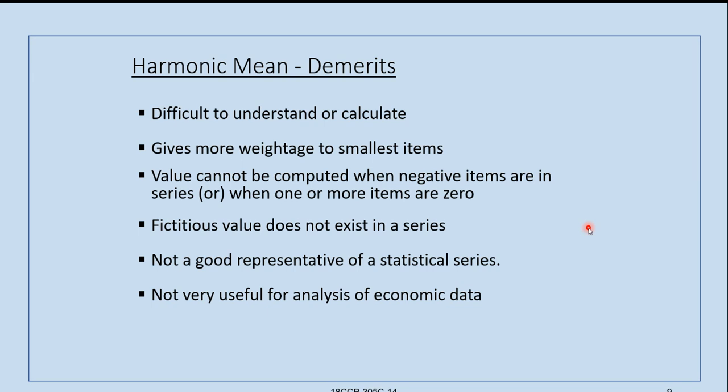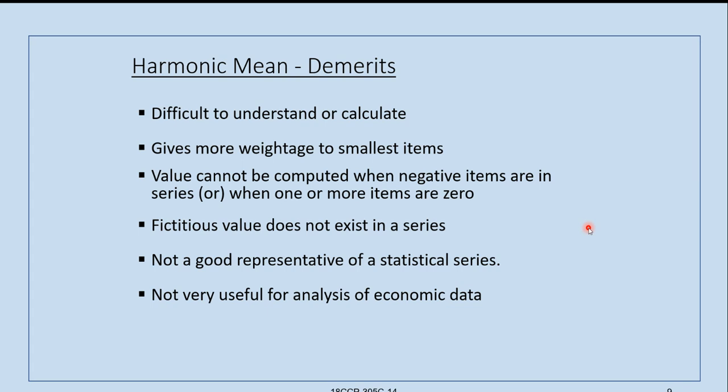But as we have calculators and we are using calculators even in the examination hall, it is not much difficult to calculate or understand this harmonic mean. And as we have seen, it gives more weightage to small items. That is a drawback and also a merit. That is a merit only and it is not a drawback.